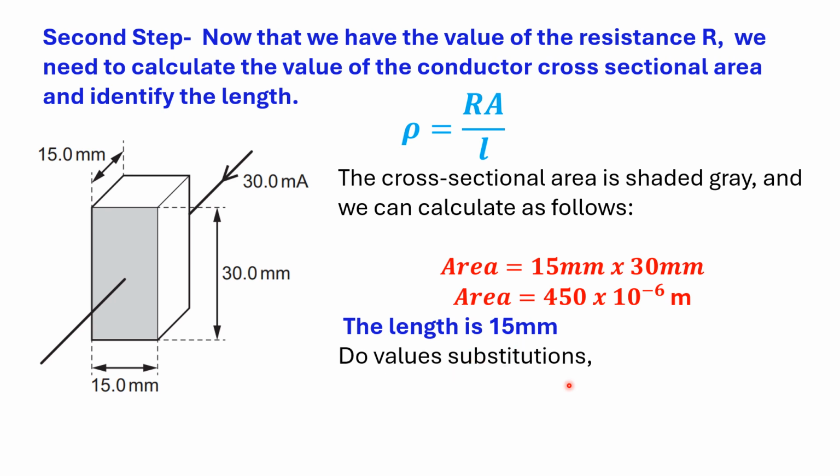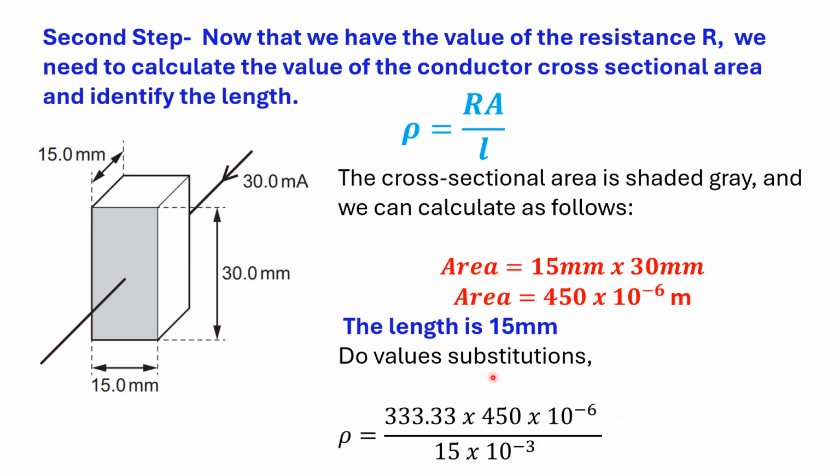And now we are doing value substitution in this formula. We have all the elements. We have the resistance, we have the area, and we have the length. So there we go. We have the resistance that we calculated in step 1, and this is the area, and this is the length. So we combine all these.